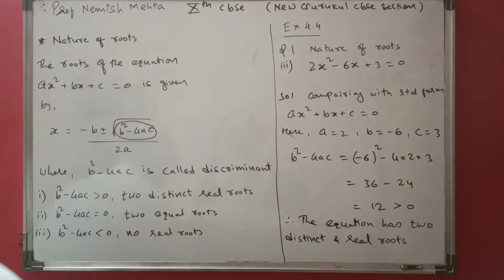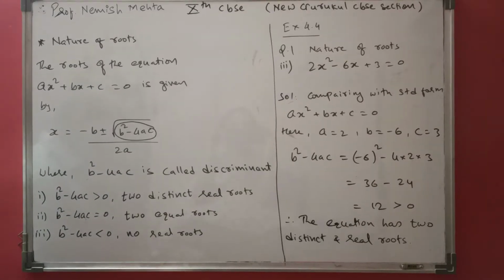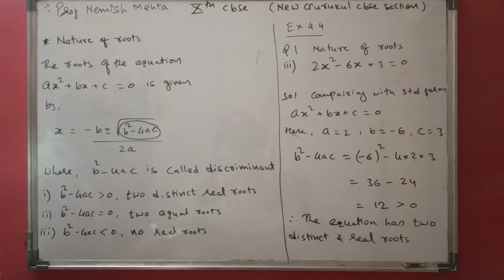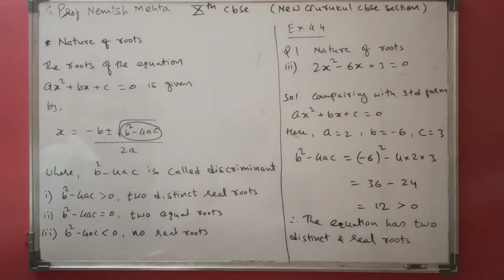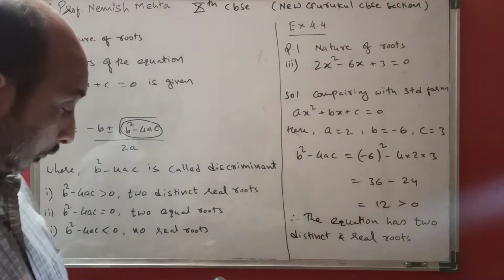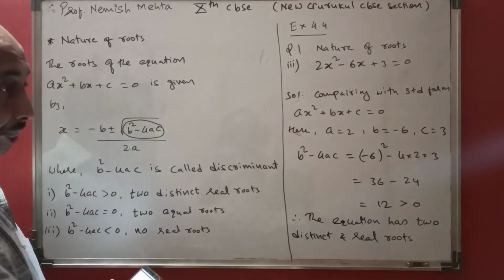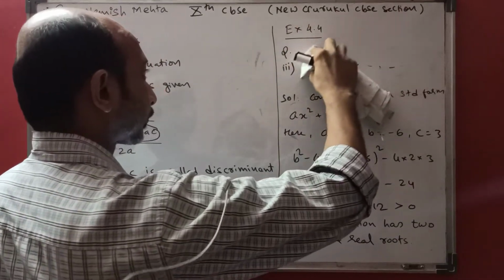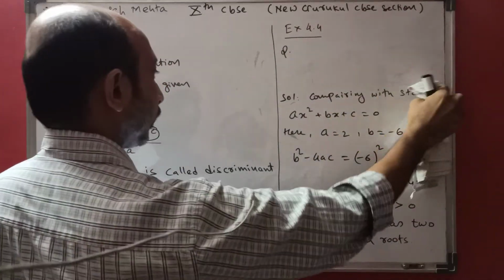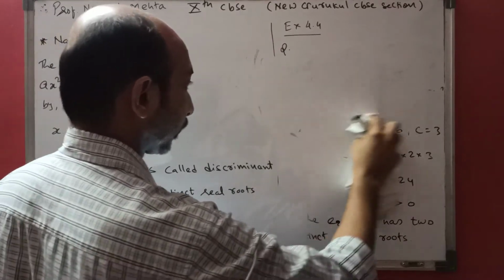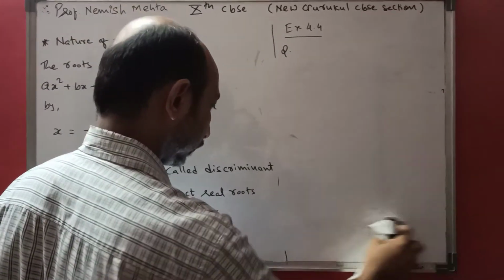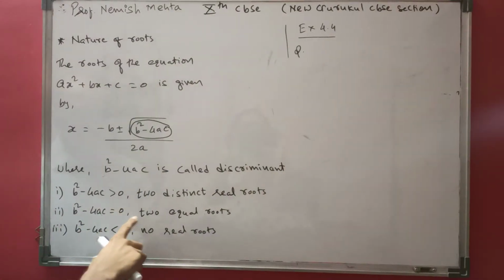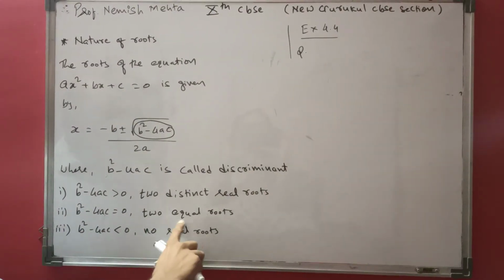Okay, so question 1 has three sub questions which we have solved. We'll move on to question number 2. Find the value of k. Okay, we'll move on. Remember this, if b square minus 4ac equals to 0, they have two equal roots.